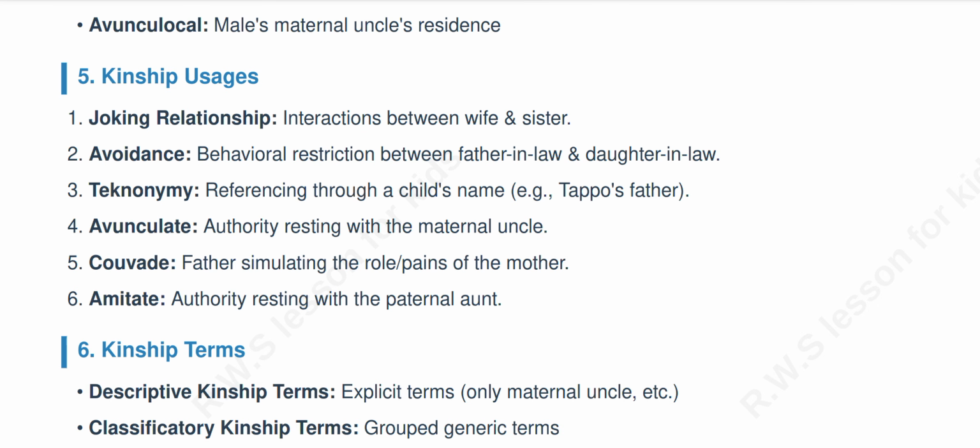Because if they interact too much, there might be a different kind of relationship which is not socially accepted. So in that case, they must avoid each other a bit. Even though they are family members and stay in the same family, there will be a bit of avoidance.